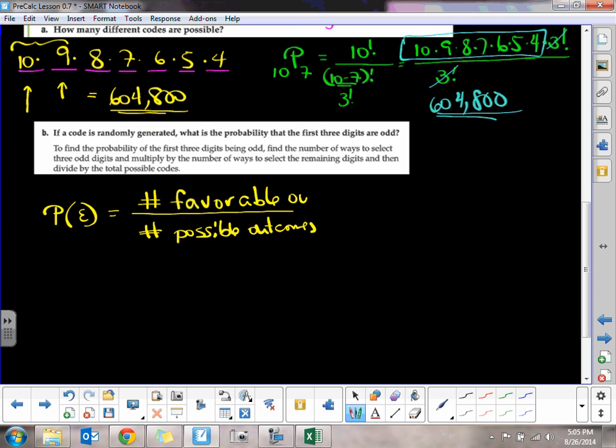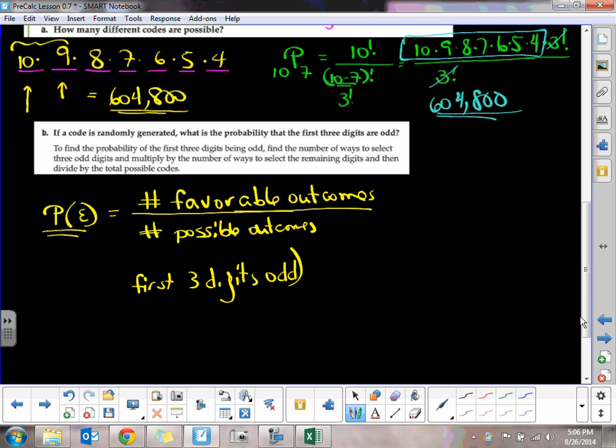And these are favorable outcomes. So what we want to do is figure out the total number of favorable outcomes that are possible. Well, a favorable outcome is if we have the first 3 digits odd.